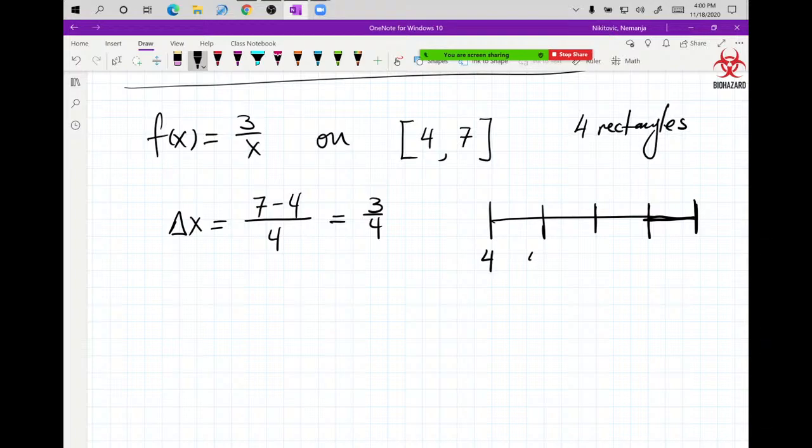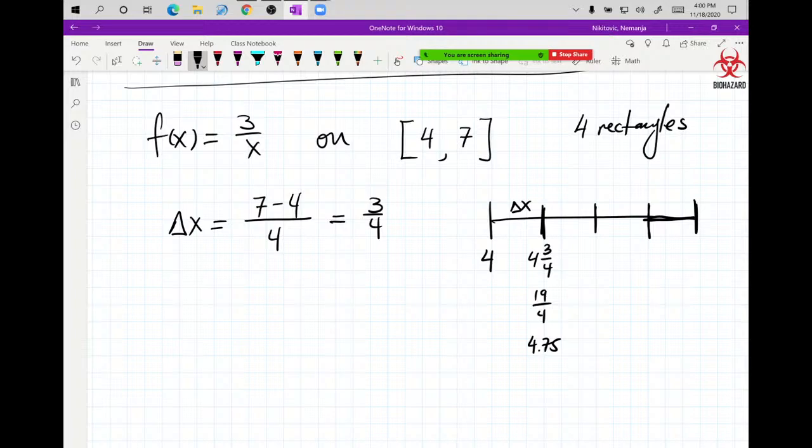So you can say 4 3/4, right? Or you can say 19/4, or you can say 4.75. I don't care which one of the three you put, as long as you know that this division is delta x, which is 3/4 away from 4.